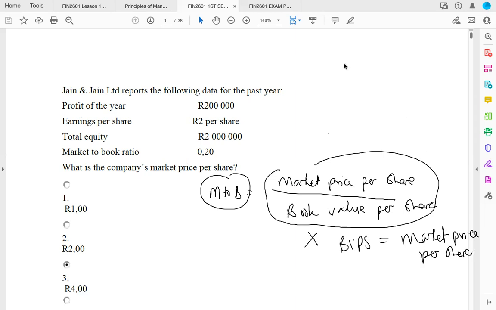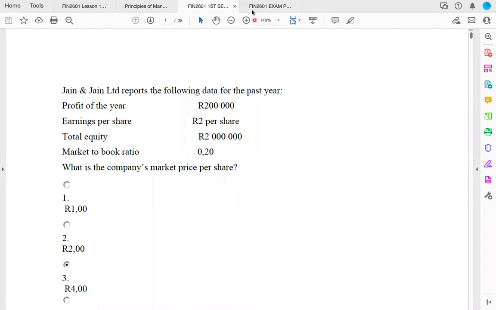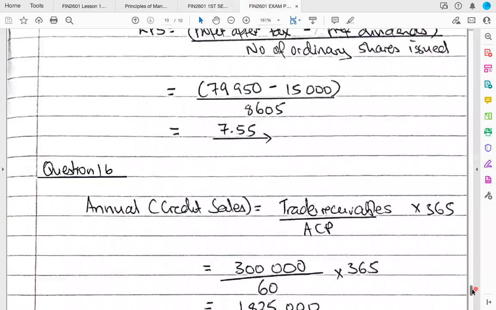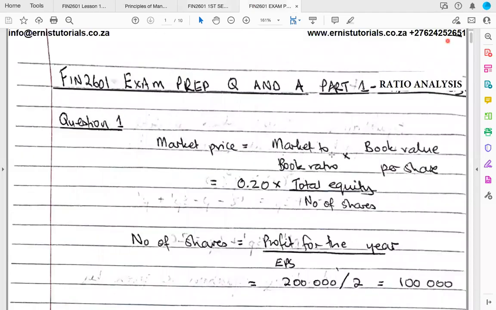So the calculation here is simply to take the market to book ratio and multiply it by the book value per share, right?